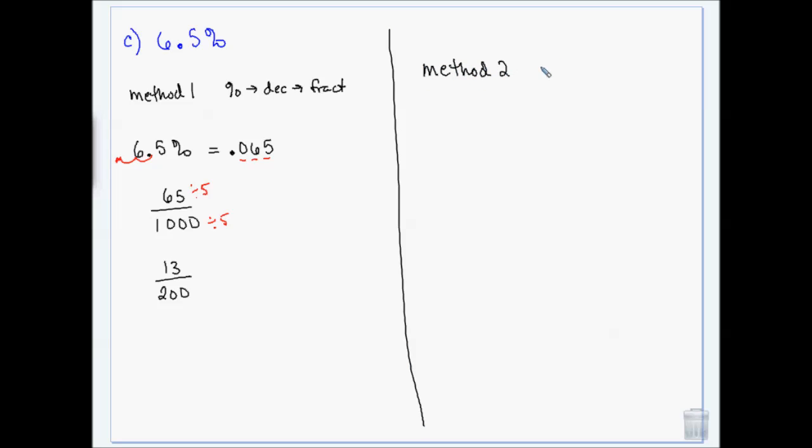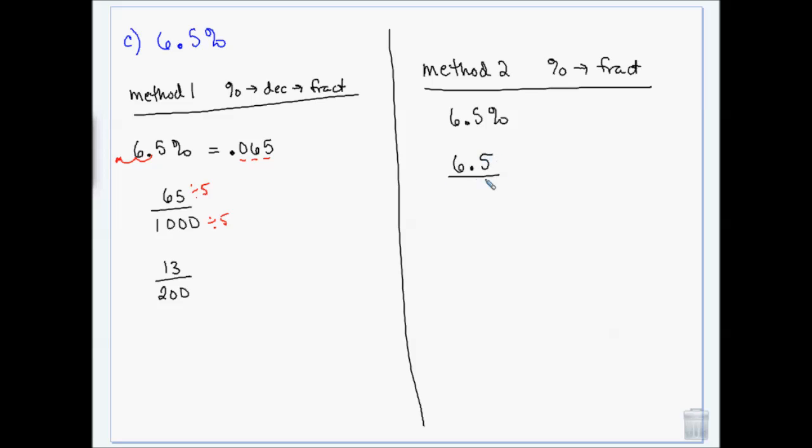Method 2, from percent straight to fraction. Okay, 6.5%, I'm going to put 6.5 over 100. I'm not allowed to have decimals in my fraction. So if I have decimals in my fraction, I have to move this 1 decimal place over to get rid of the decimal.